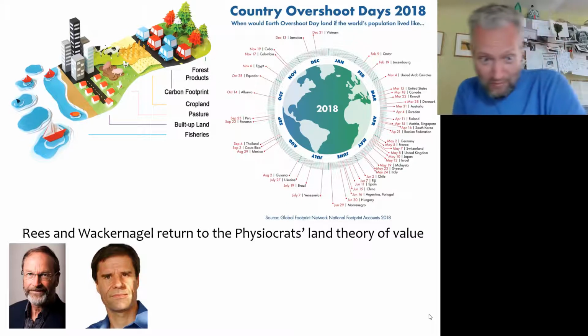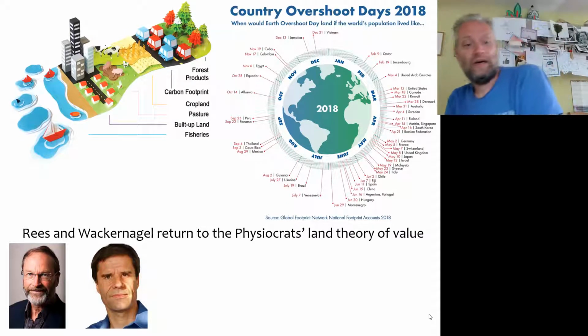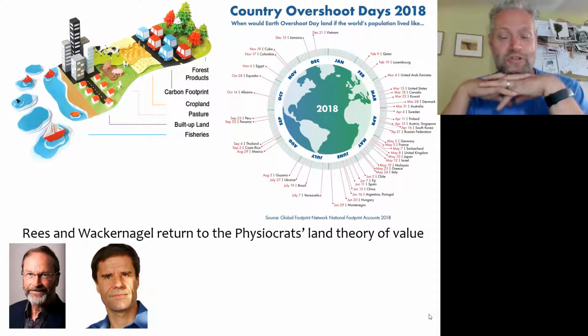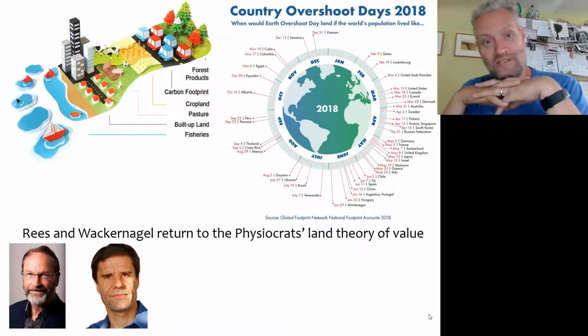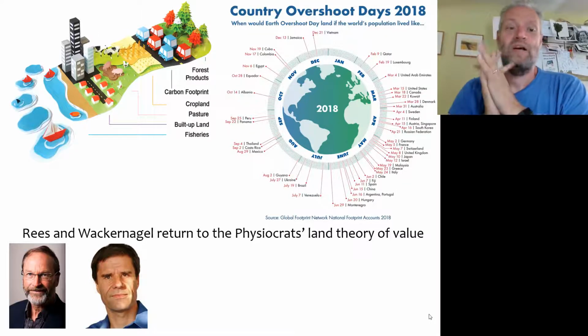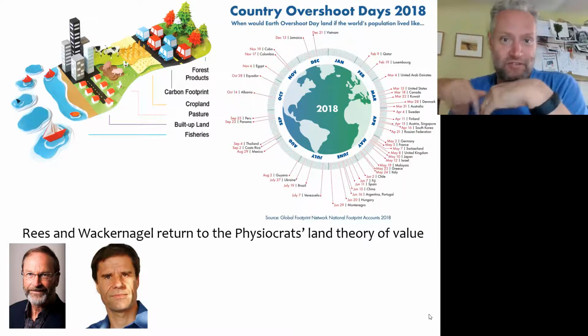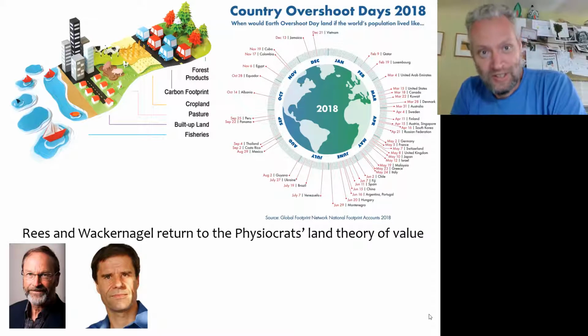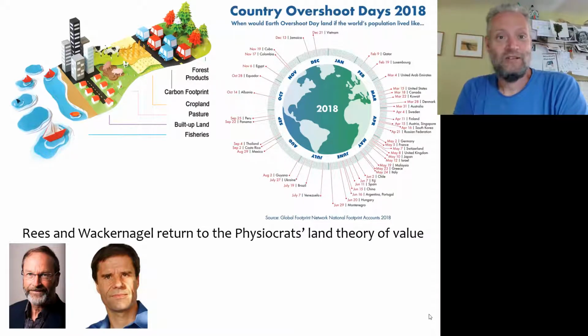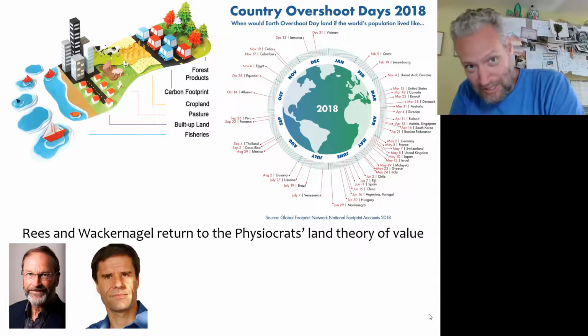And more recently even, these two gentlemen, Rees and Wackernagel, in their promotion of the carbon footprint, essentially return to a land theory of value, where they say that the value of something good is equivalent to the amount of land that you needed to produce that good.